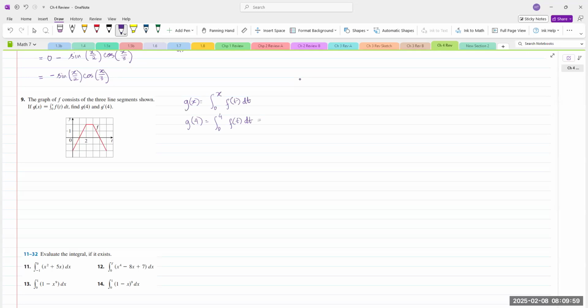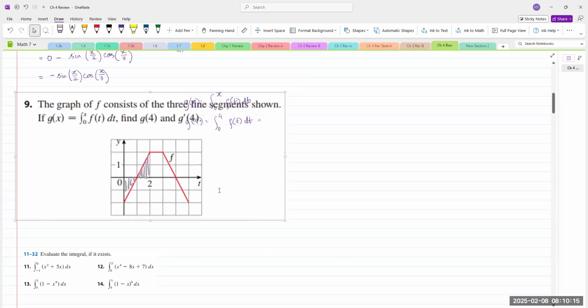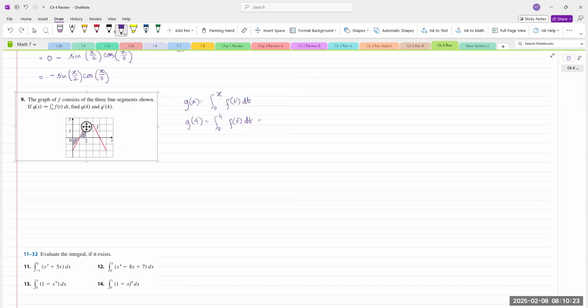The area from 0 to 1 is -1. From 1 to 2 is +1, right? Maybe I enlarge this a little bit. The base is 1, the height is 2. The base is 1, the height is 2. Okay? So that will be -1, this is from 0 to 1, plus from 1 to 2 is 1, from 2 to 3 is 2, and then from 3 to 4 is another 1. So the area is 3.